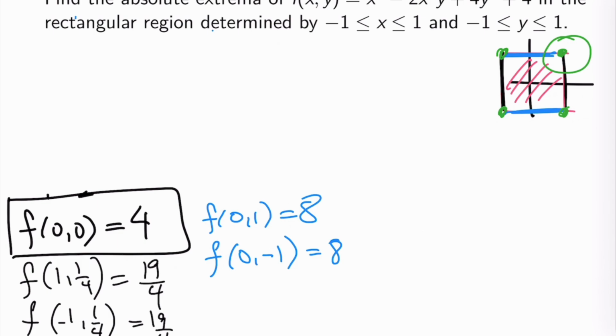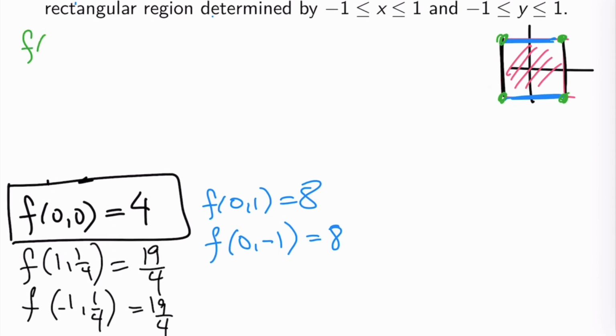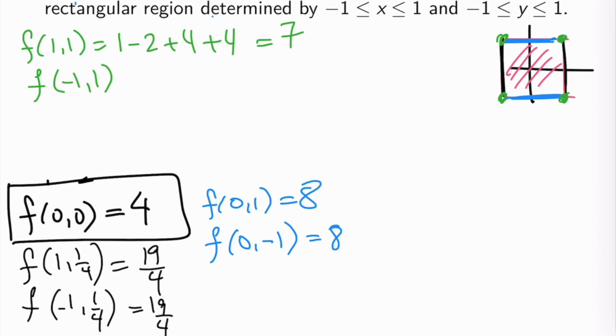The first one will be (1, 1). So we have that f at (1, 1) is equal to, we substitute here, x equals 1, y equals 1. So we get 1 minus 2 plus 4 plus 4. We get 7. And then we get f at the next one, which will be (-1, 1). And so we get here 7 again.